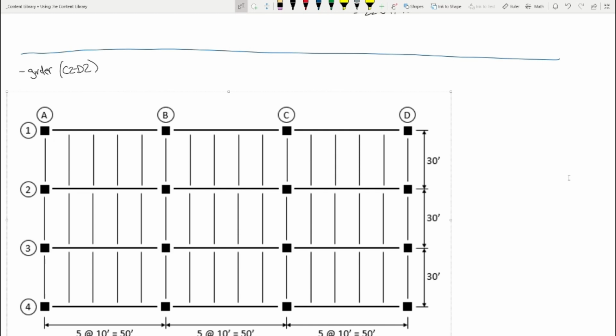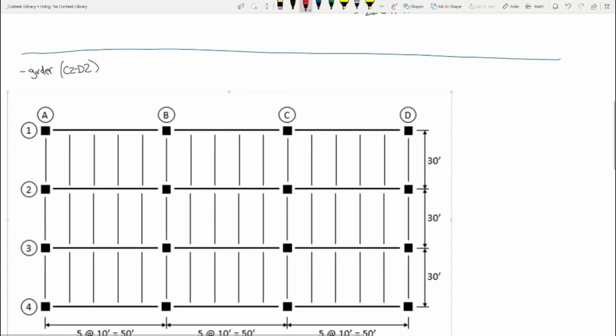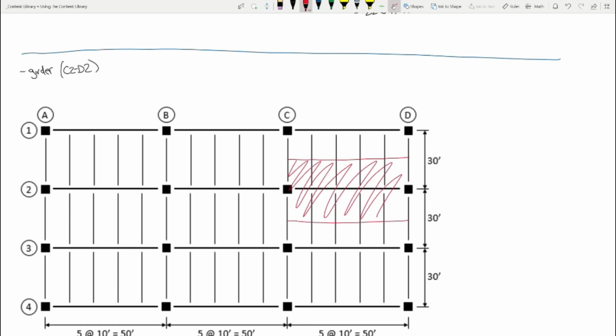So the tributary area looks like this. That's the tributary area. It's bigger, right? So it is responsible for more load, okay? Now, I do want to make a couple points about this girder.